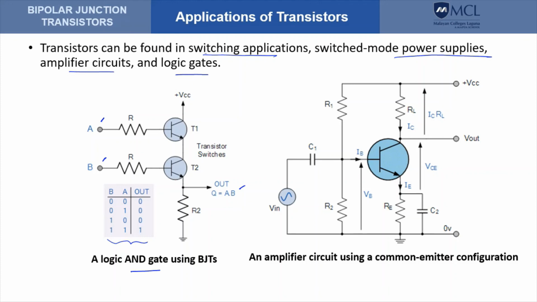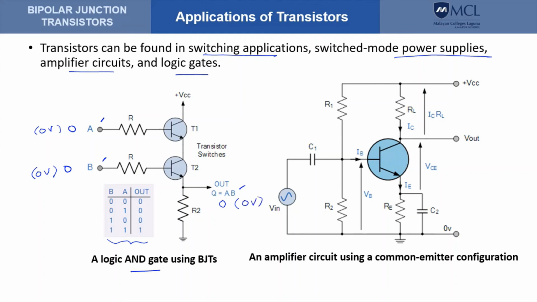Here we have, if the input is 0 and 0, so this is 0 here and 0 here, the output would be a 0. So what do you mean by this? For example, if my input in A is 0 volts and my input to B is also 0 volts, what I will get here is an output that is also 0 volts.